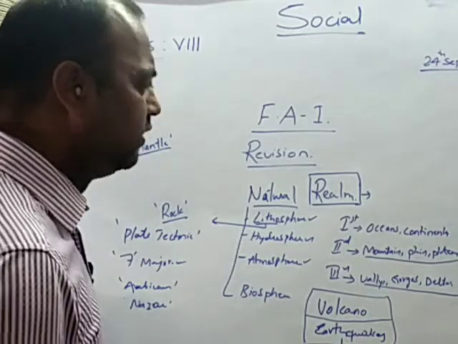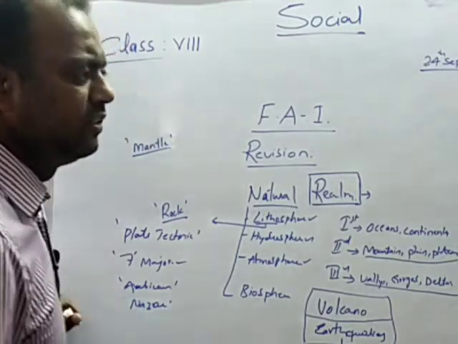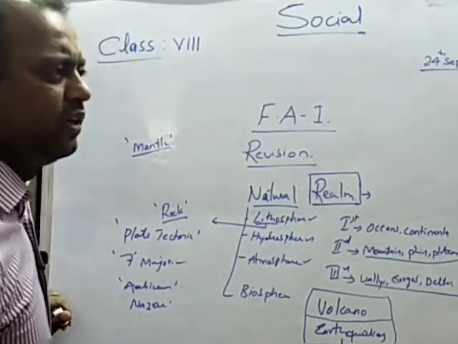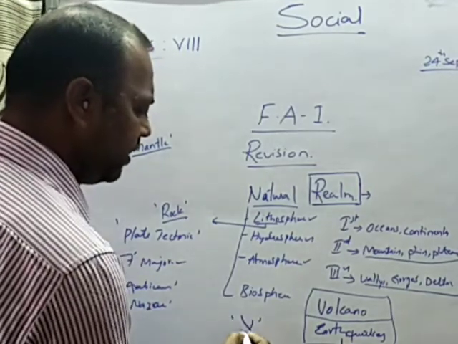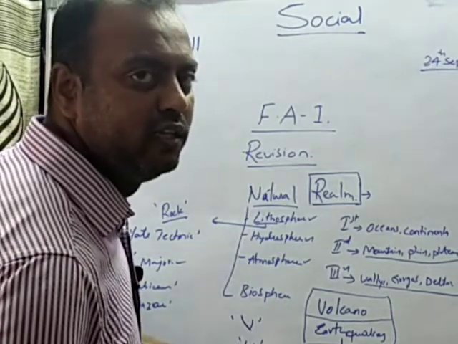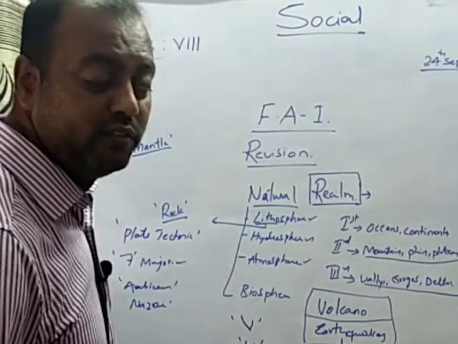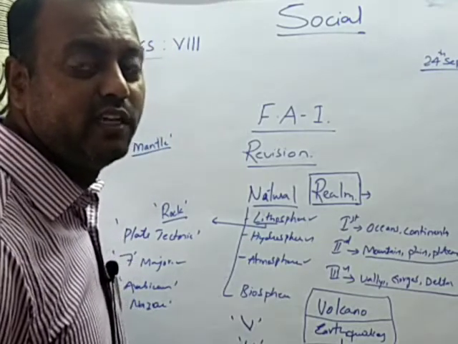Under the work of water, we have seen how V-shaped valleys and U-shaped valleys get created. And the Grand Canyon is the most important scenic gorge, which got created on the river Colorado.